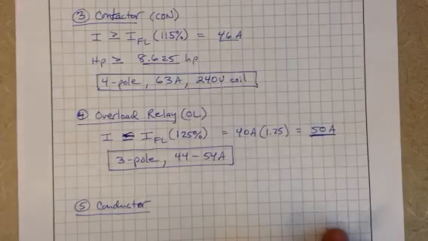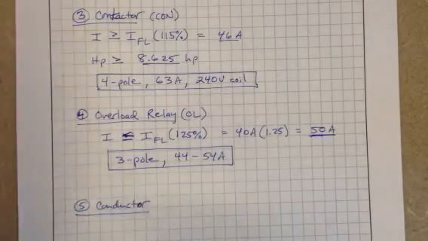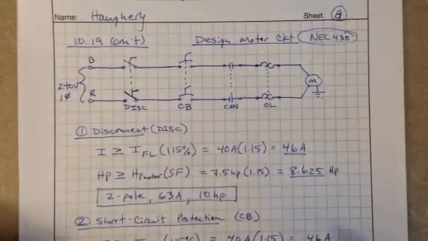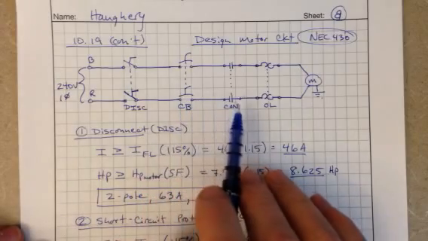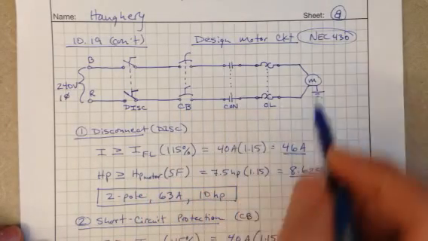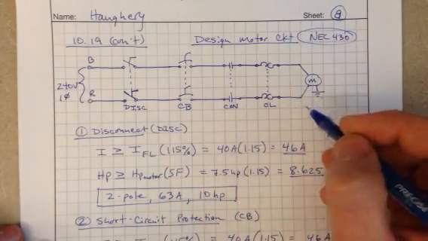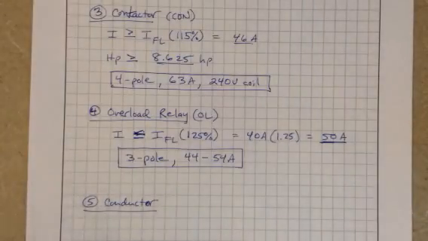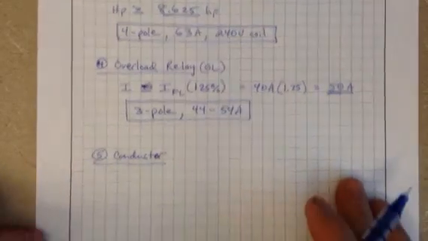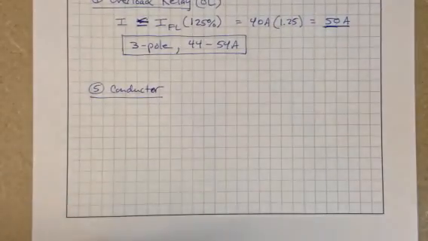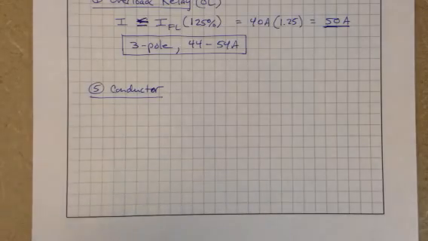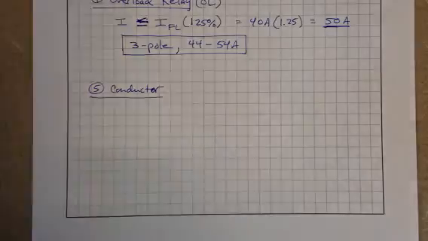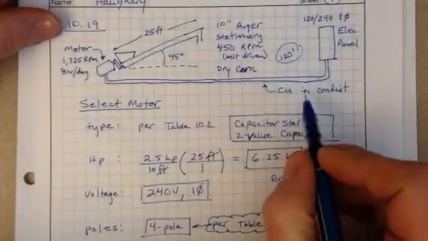So our last component, right? We've talked about all the components so far in our system: our disconnect, circuit breaker, contactor, overload, but now we're going to talk about the actual conductors, right? The actual wires. If we look at the wires, or the conductors, okay, we need, going back to the original application, copper in conduit.